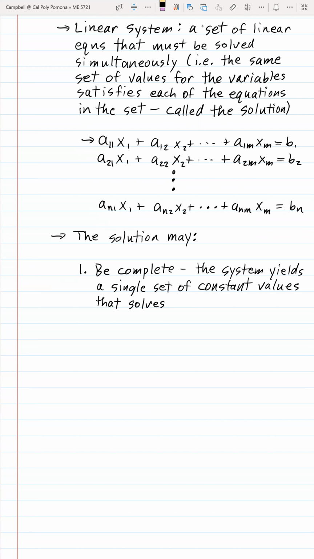Here we'll just say that solves the equations. But here I'll spell it out.